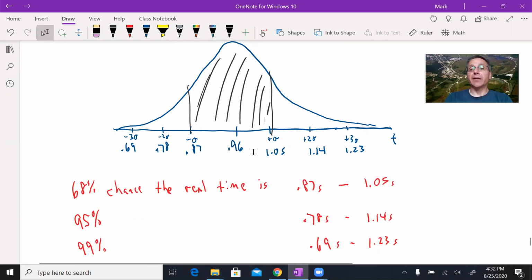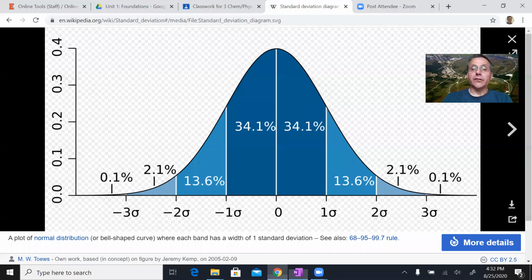So 0.87 seconds up to 1.05, a 68% chance that the real actual measurement is in that range. What if you go out to 2 sigma? What if we add more area here? Well, according to this, we're adding another 13.6% on both sides. So now we're up to about 95%.